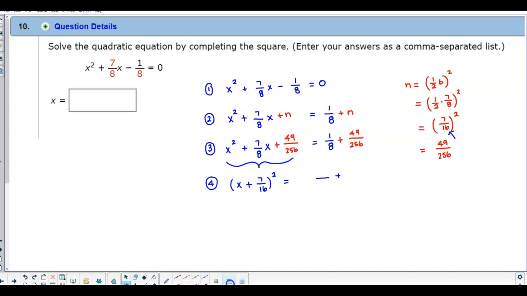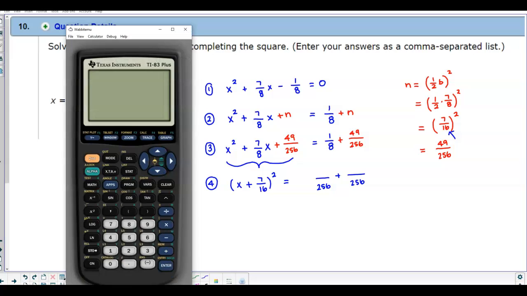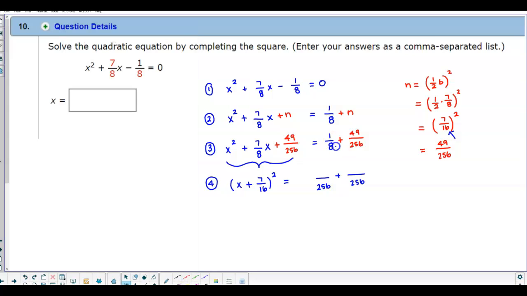Now we need to find a common denominator between 8 and 256. So let's figure out, okay, well, if we don't know initially, 256 divided by 8 is 32. So 8 times 32 is going to give you 256, and 1 times 32 is going to give you 32, and then plus 49.